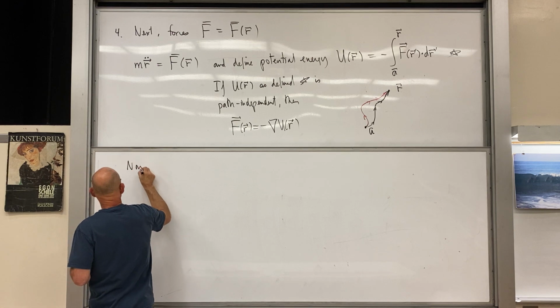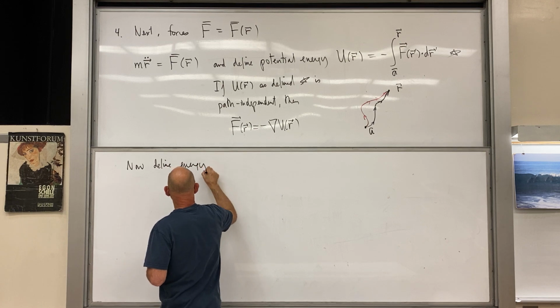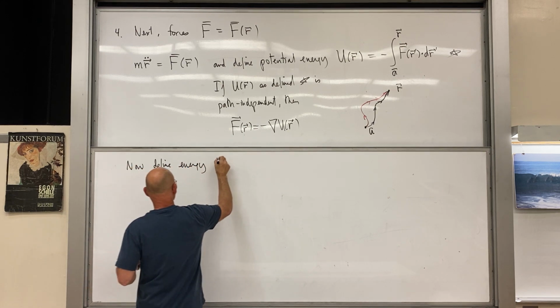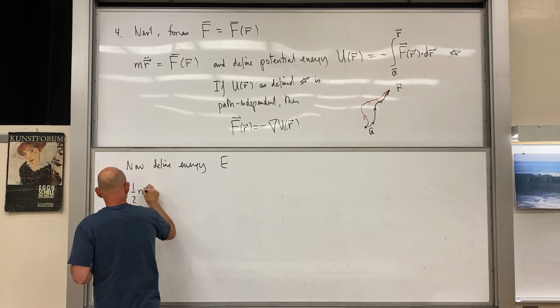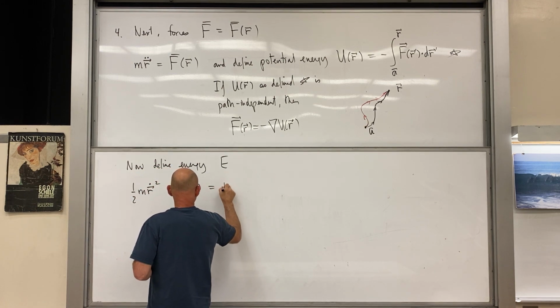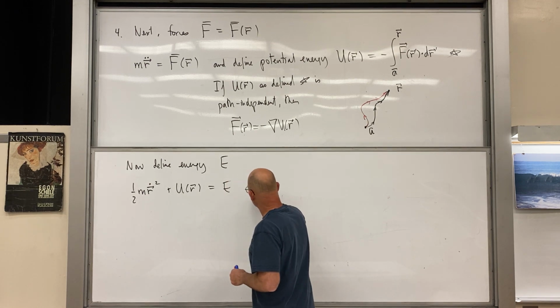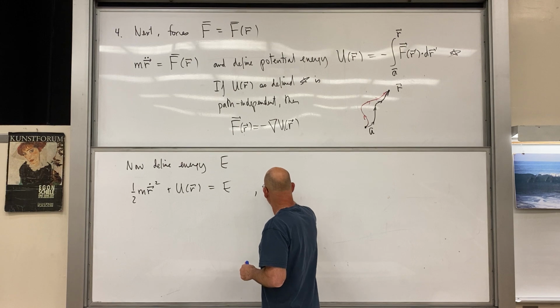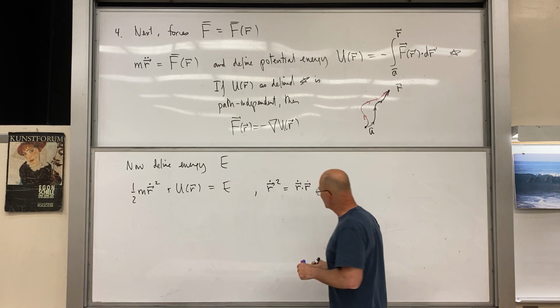So now define the energy E as 1/2 m r dot squared plus U of R is equal to E. So this r dot squared vector is defined as the scalar product of the velocity vector with itself.